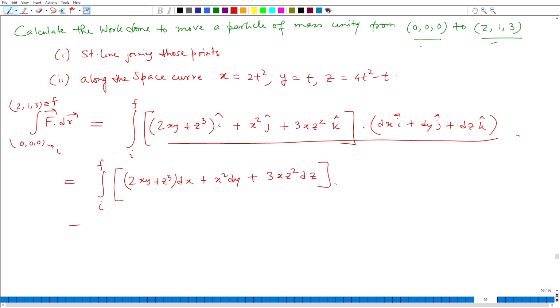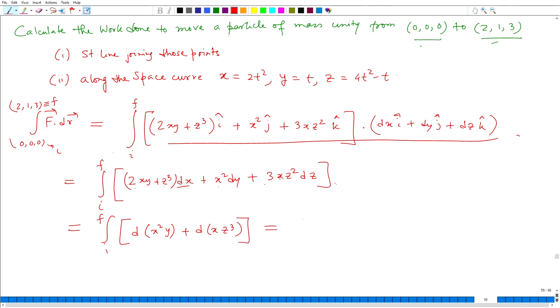Okay. And then you can simply say that 2xy dx and x squared dy actually make d of x square y, and then z cube dx plus 3xz square dz, combining these two, they will give you d of xz cube. Okay.